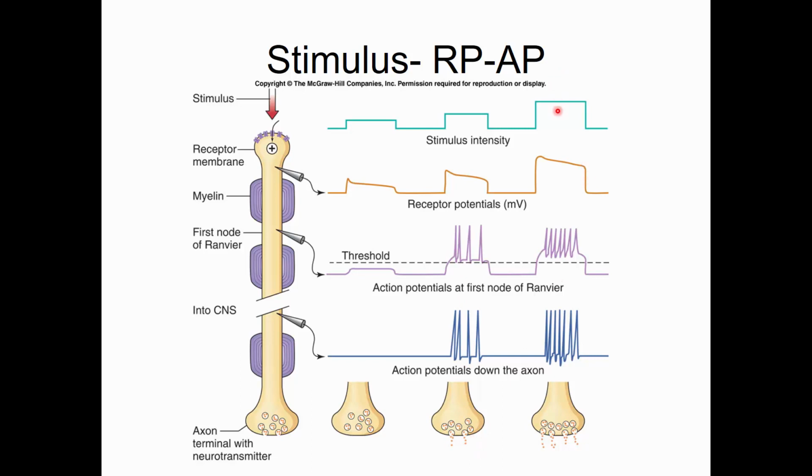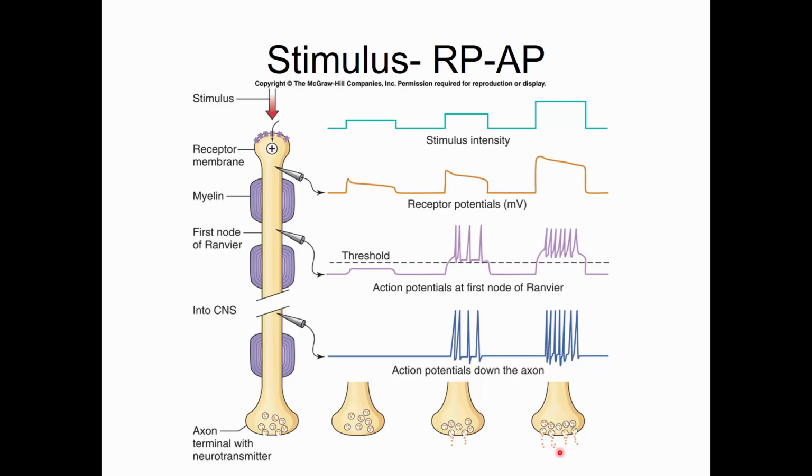If we increase the intensity of the stimulus, then we get an even bigger receptor potential, which leads to a higher frequency of action potentials. That higher frequency of action potentials is preserved in the axon terminus, and then we get more neurotransmitter release.